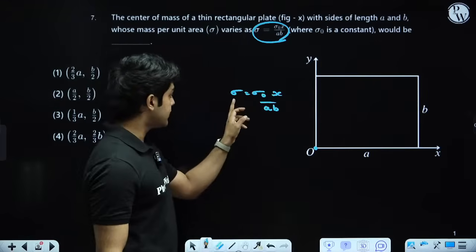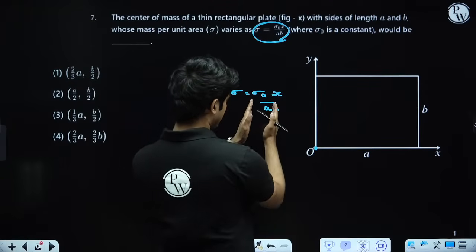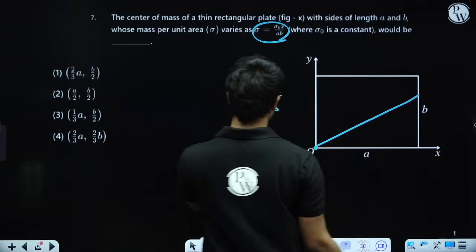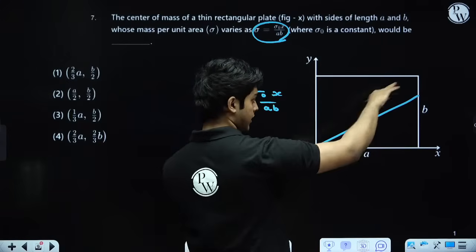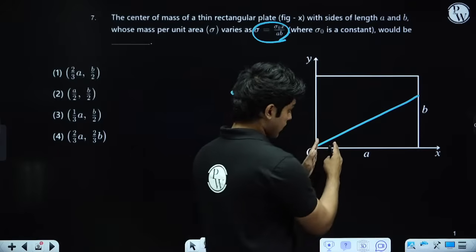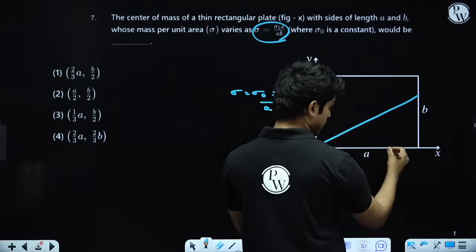So here the idea is the mass varies with x. As you can see, if I try to plot this sigma function, it will be like a straight line, right? Sigma naught x by AB. So it's kind of like a y equal to mx type of line. Which means as we move along the x-axis, as we go away from the origin, the mass increases.